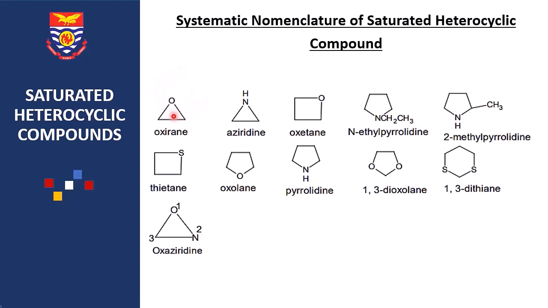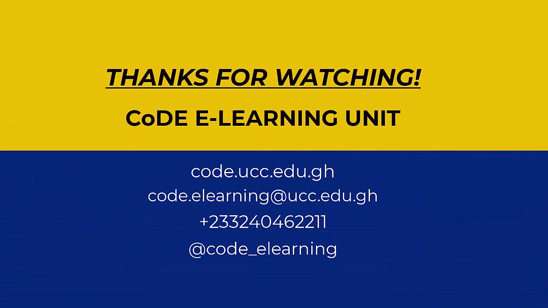The absence of nitrogen gives us the parent name, irane, and the O is the heteroatom here, which is oxa, so it becomes oxirane. Now, this is aziridine, a three-membered ring with nitrogen present and the heteroatom being the same nitrogen. So aziridine, and the naming goes on and on. So please take note. These are other examples for a perusal.